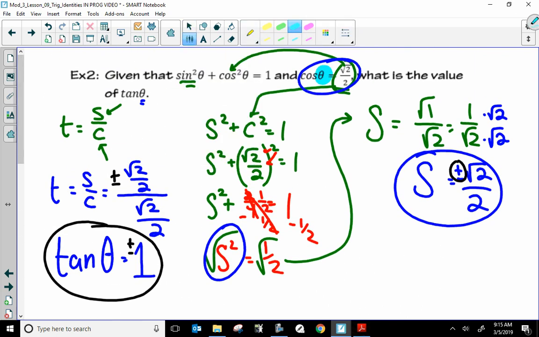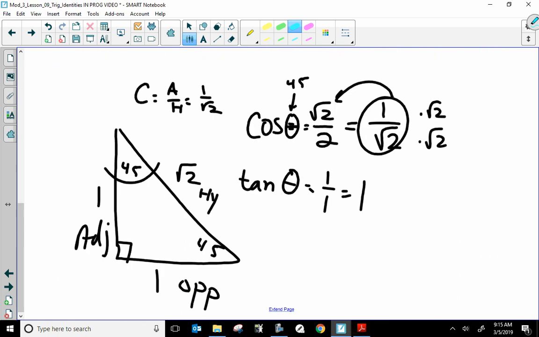This angle had to be 45 degrees because I had to have 1 over radical 2 to get this. So if my angle theta is 45, well, what's the tan of 45? Opposite over adjacent. And of course, for our sake, it was plus or minus 1, okay?